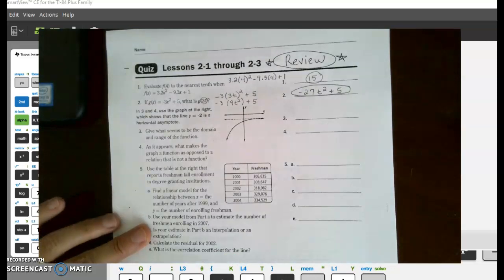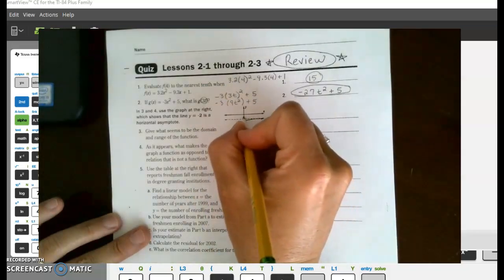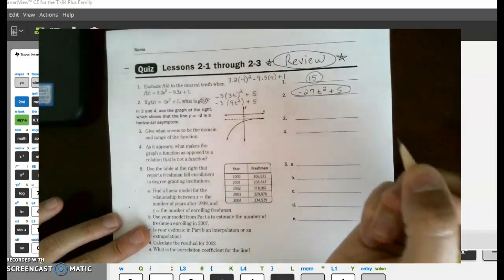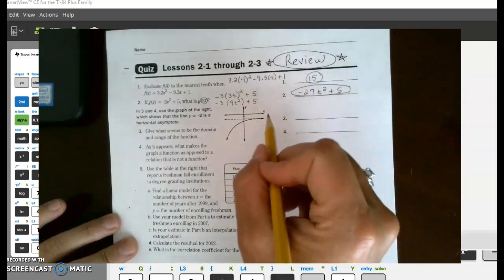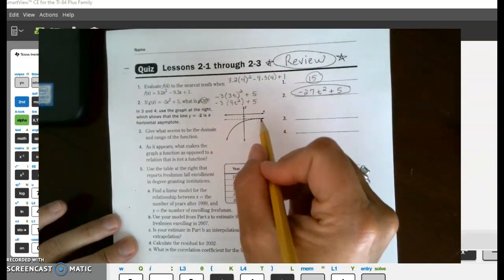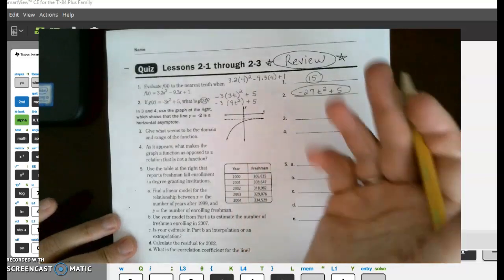All right, in 3 and 4, use the graph at the right, which shows that the line y equals negative 2, so this must be at negative 2, this must be negative 1, negative 2, is a horizontal asymptote. An asymptote is really an imaginary line.